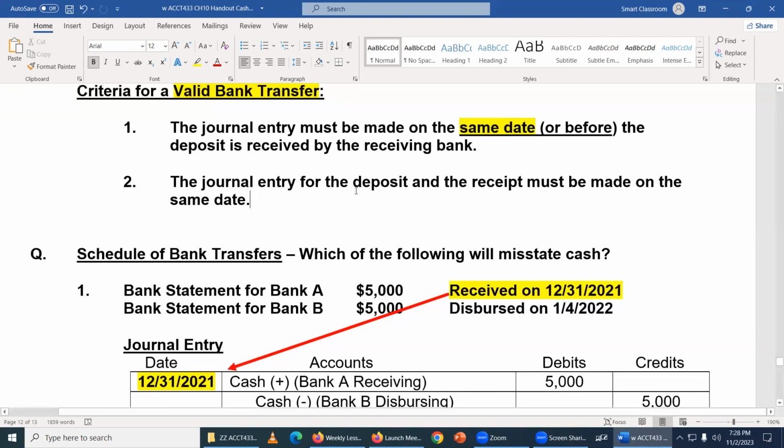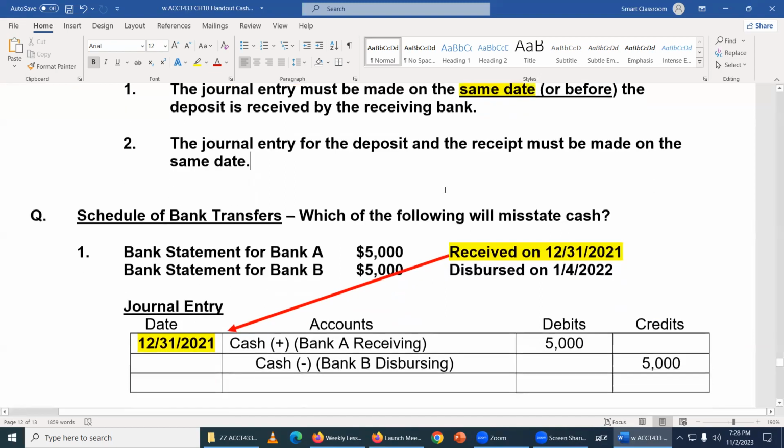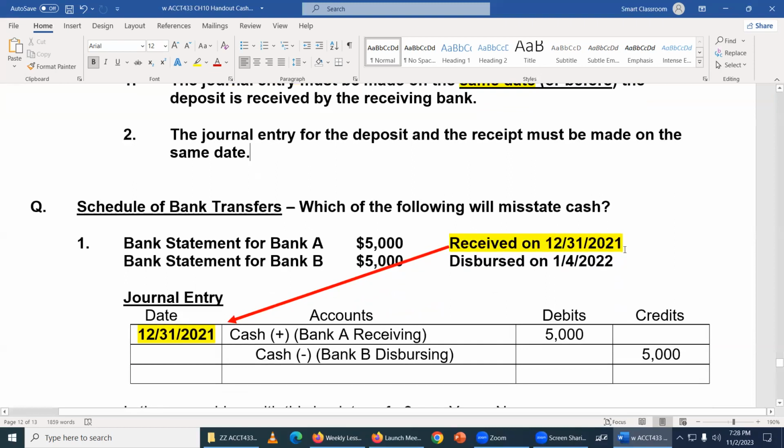And the journal entry, yeah, because the disbursement is made on January 4th.